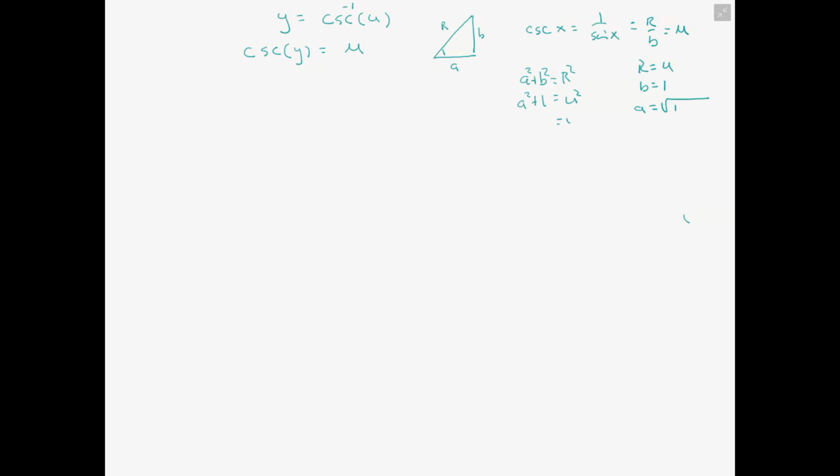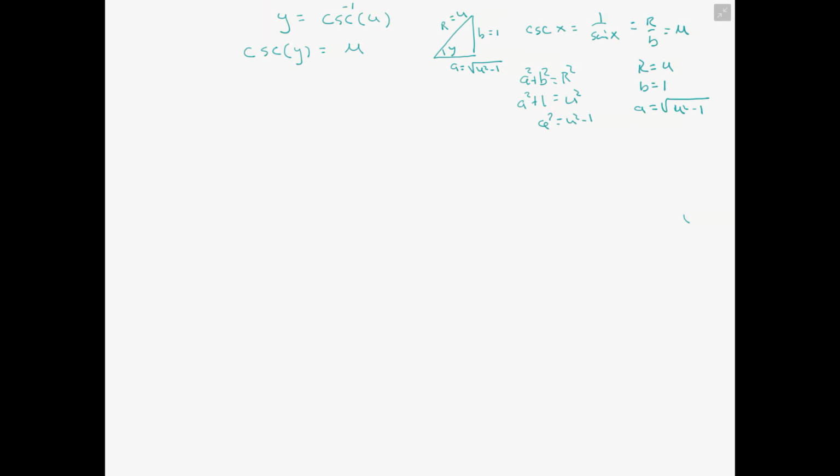B is 1. So we have u squared minus 1 equals A squared. So u squared minus 1, 1, u, and this is y.